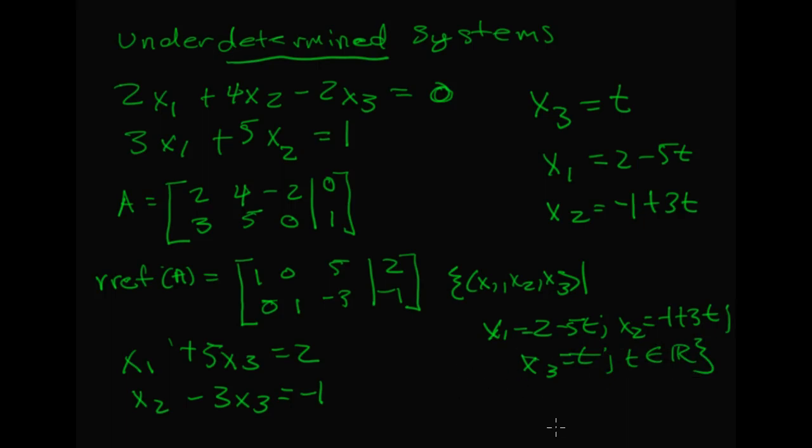So that's my solution set. Basically, underdetermined systems are in fact consistent, but they have multiple solutions. There's no unique solution.